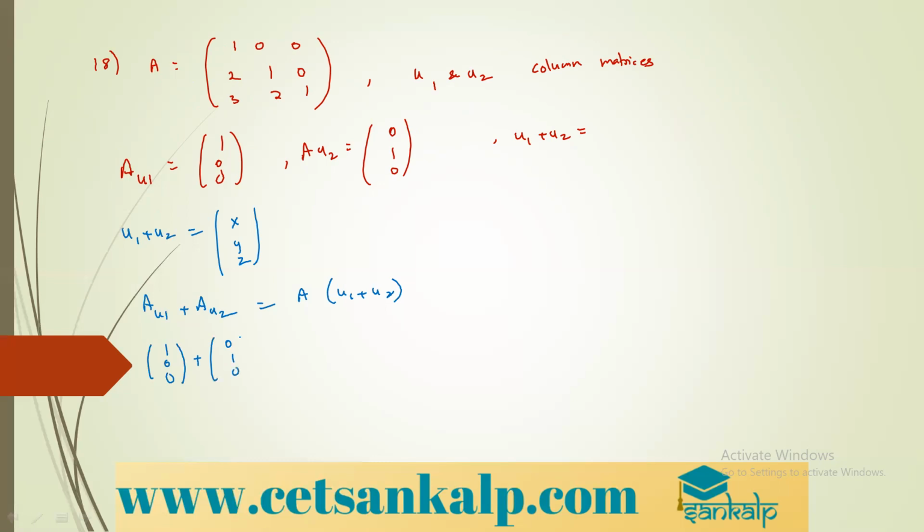AU2 is 0, 1, 0. And here I will take A into U1 plus U2, which is XYZ. So I will get 110 as A into XYZ.